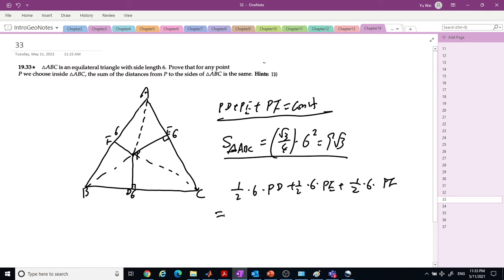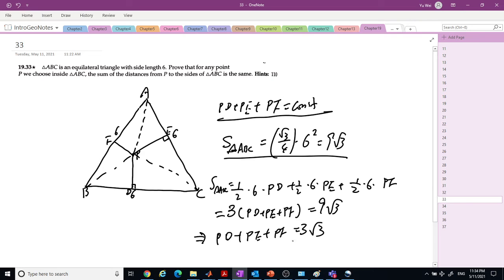So this is 3 times (PD plus PE plus PF), which is also equal to the area of ABC, 9 root 3. So PD plus PE plus PF is equal to 3 root 3. That's why it's a constant.